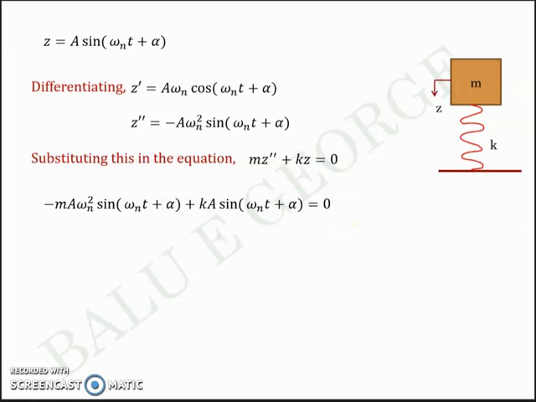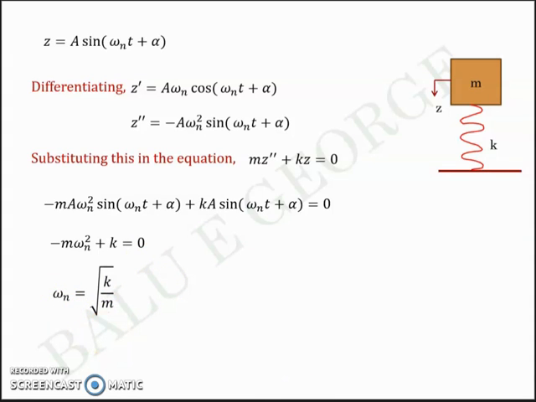So I can cut off the common terms, and what remains is minus m omega n square plus k is equal to 0, from which I can get an equation for omega n. Now omega n is nothing but the natural frequency in radians per second given by root of k by m, where k is the spring constant and m is the mass.